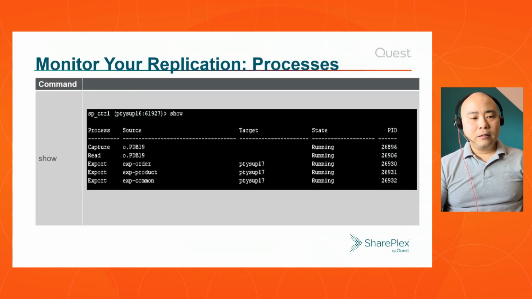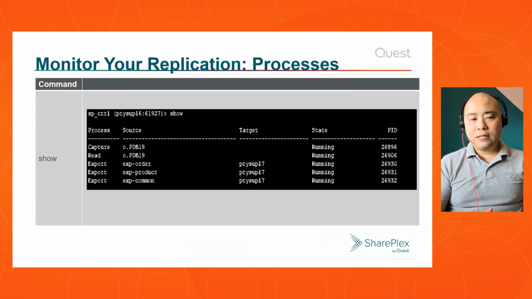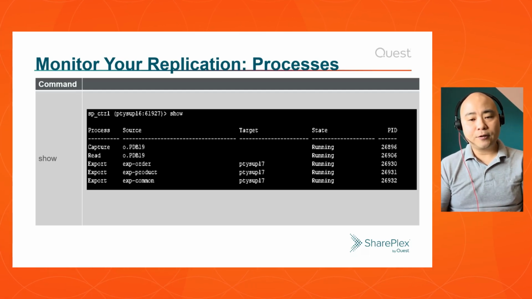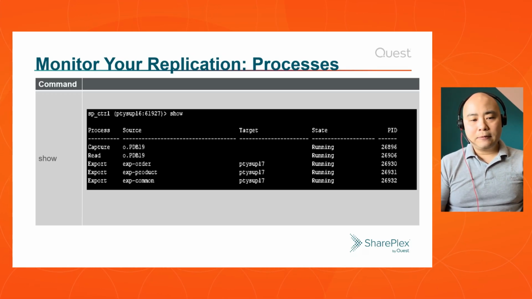Okay. The first thing we will need to verify is if all the SharePlex processes are running correctly. In sp_ctrl, the commands we will be using will be show and status. This command will provide you information of the process name.